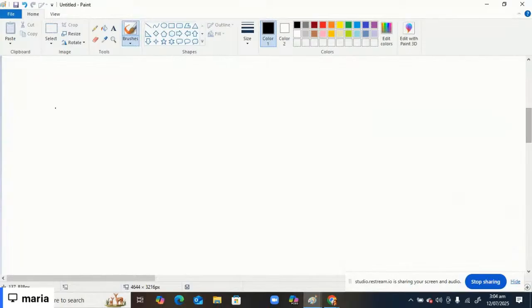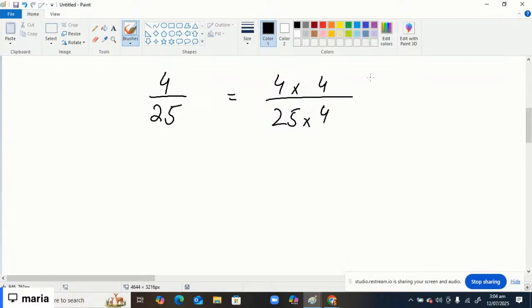Let's solve one more question related to this. Let's suppose I write 4 by 25. We firstly multiply and divide by 4. 4 times 4 is 16, 25 times 4 is 100.